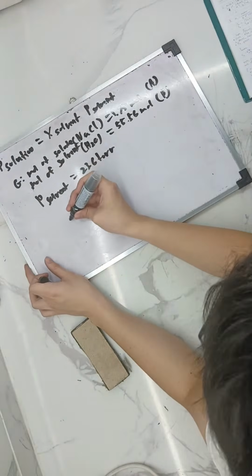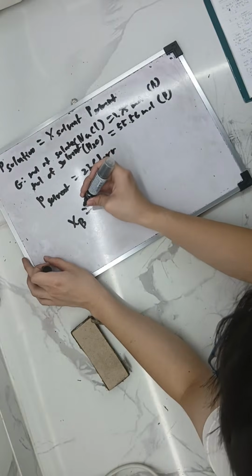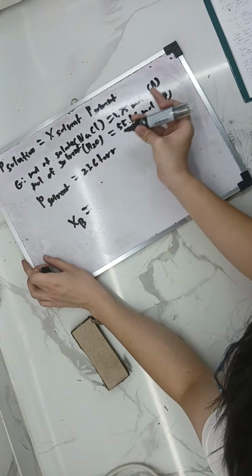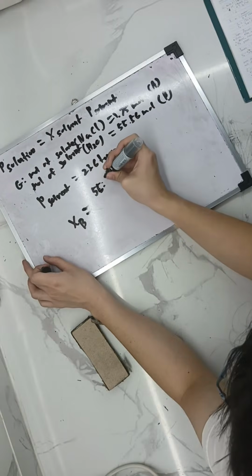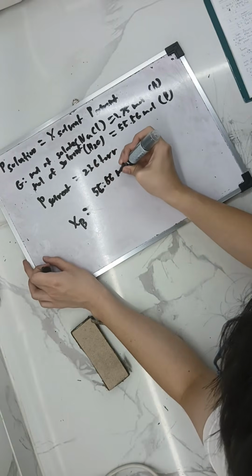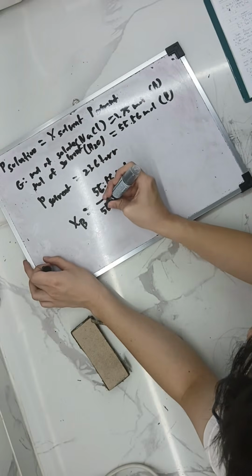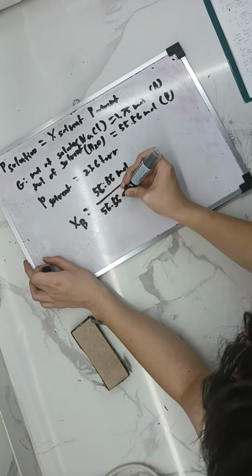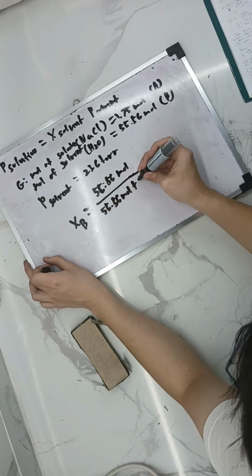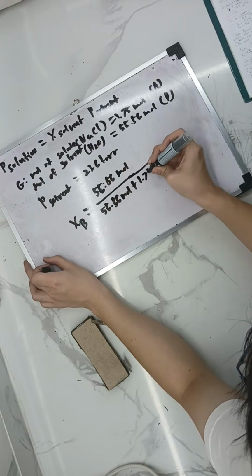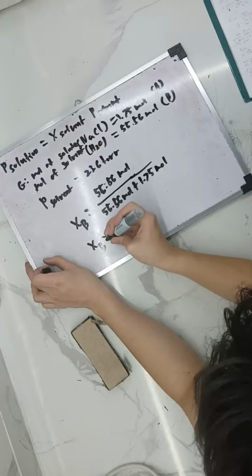So our mole fraction of B, which is H2O, is equal to our moles of solvent, which is 55.56 moles, over 55.56 moles plus the other one, which is A, 1.75 moles.